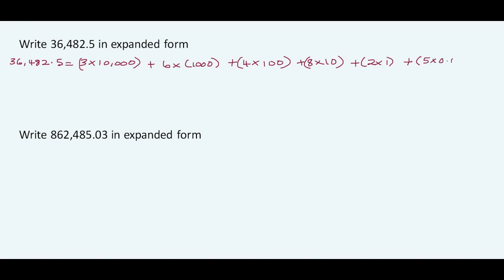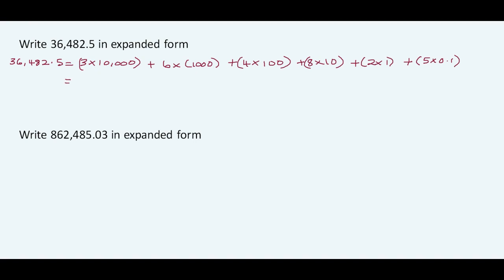So this is going to be 3 times 4 zeros, plus 6 times 3 zeros, plus 4 times 2 zeros, plus 8 times 10, plus 2 times 1, plus, now for the 0.5, there's only one digit after the decimal, so it's going to be 5 times 0.1.